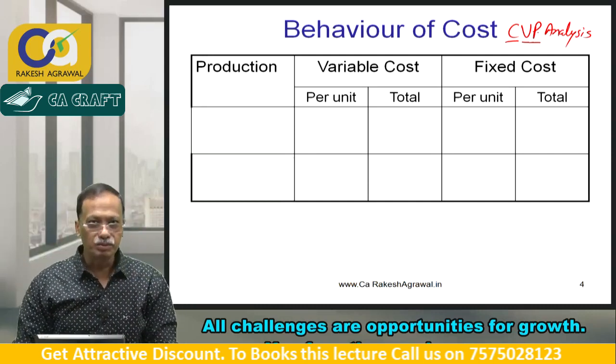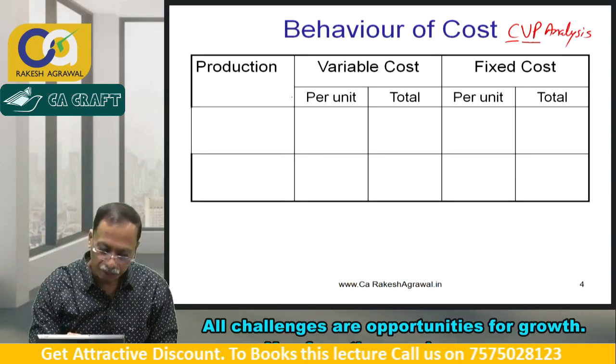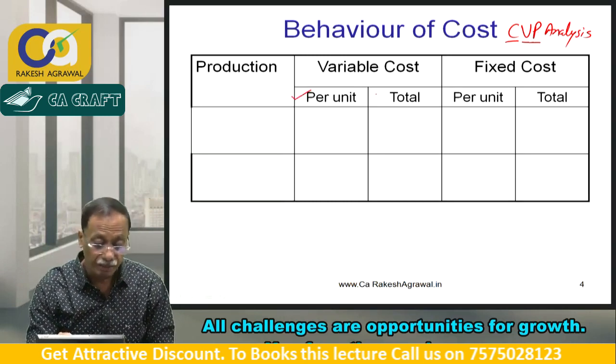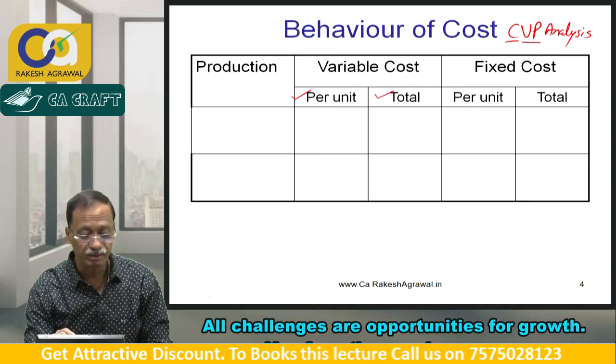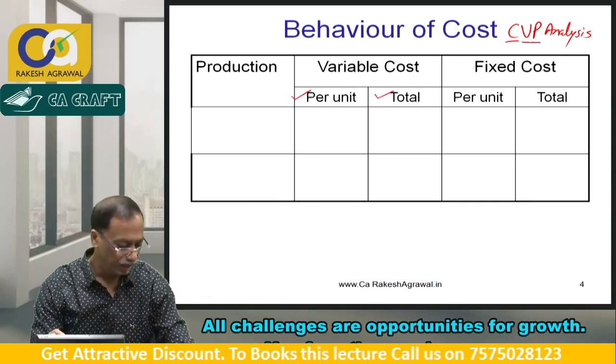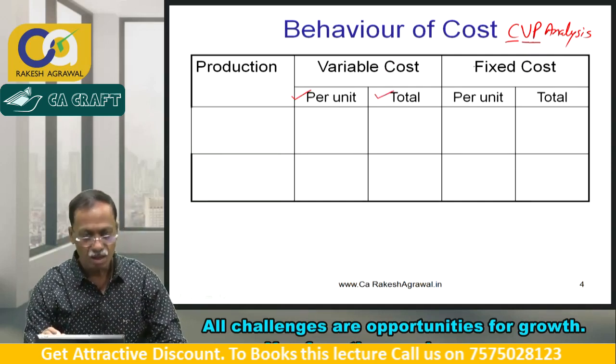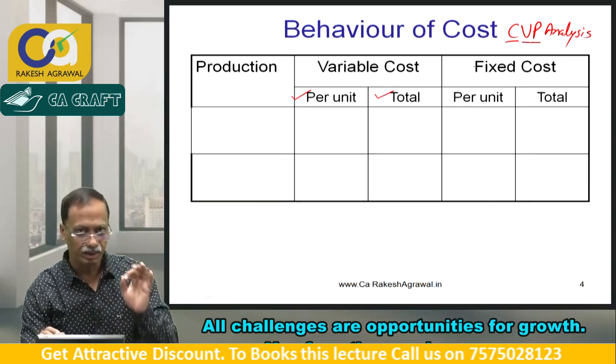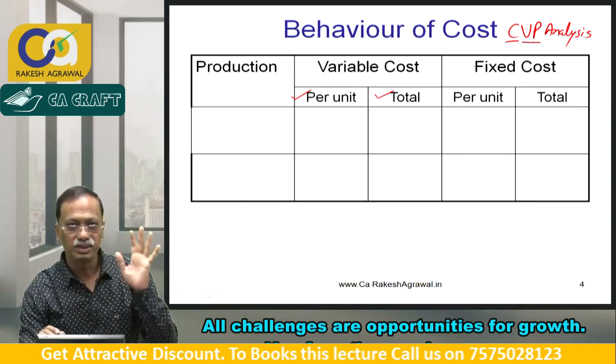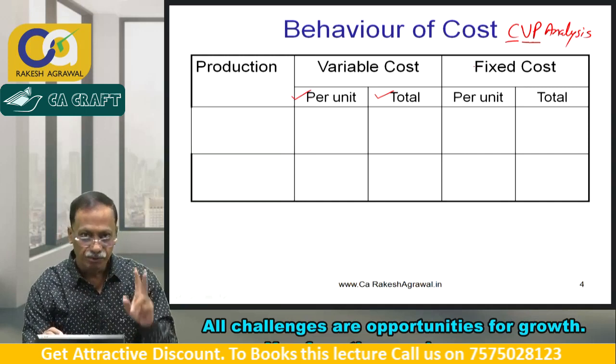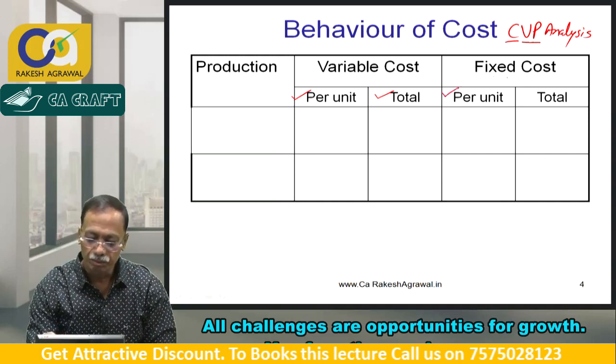I am taking two types of variable cost, variable cost per unit and variable cost total. And you have to see it very carefully. Though it is very simple, it is very basic, you have to understand it very carefully, otherwise some silly mistakes take place here. Fixed cost also I am taking two types, per unit fixed cost and total fixed cost.